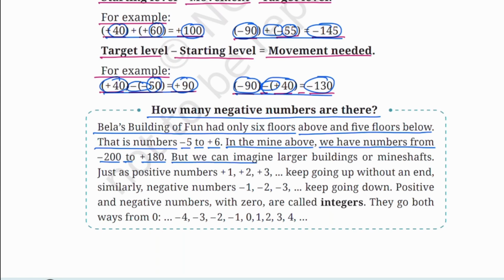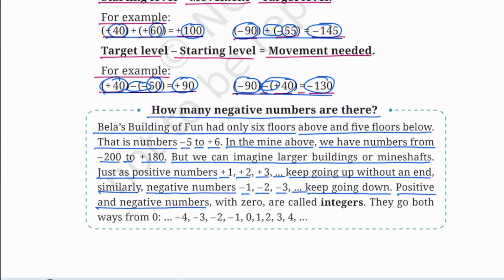But we can imagine larger buildings and mine shafts. Just as positive numbers plus 1, plus 2, plus 3 and so on keep going up without an end, similarly negative numbers minus 1, minus 2, minus 3 keep going down.